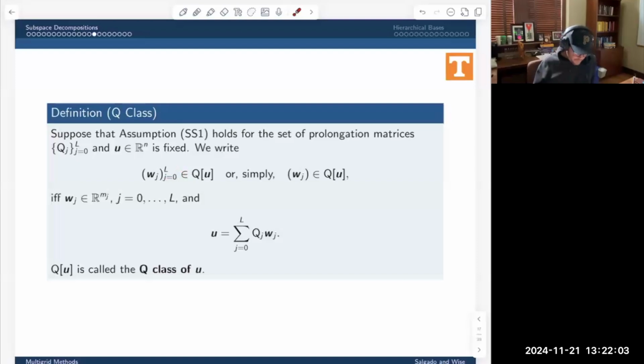Okay, suppose that our set of prolongation matrices supports a subspace decomposition for Rn. So that means assumption SS1 holds. Then we're going to write, see, do I have?